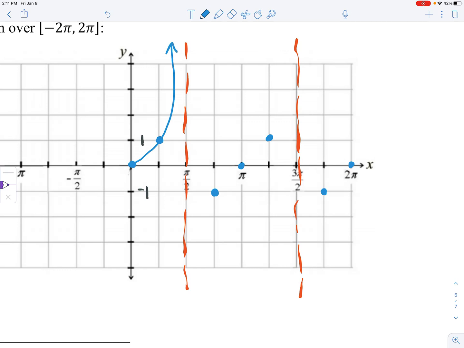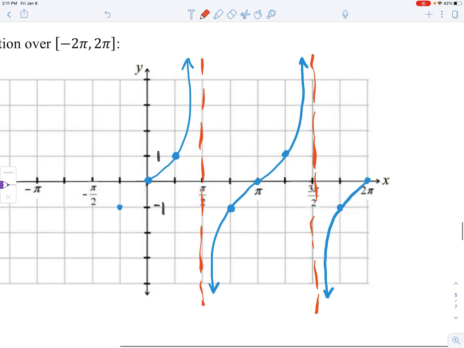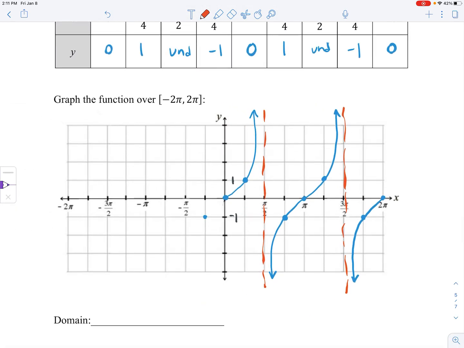So tangent actually approaches positive infinity as it approaches the vertical asymptote from the left side, and negative infinity as it approaches the vertical asymptote from the right side. And the pattern will repeat. So I can actually extend the graph and notice the distance between those two vertical asymptotes is pi.